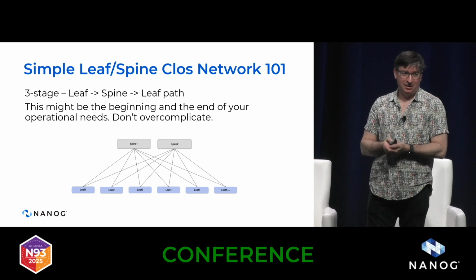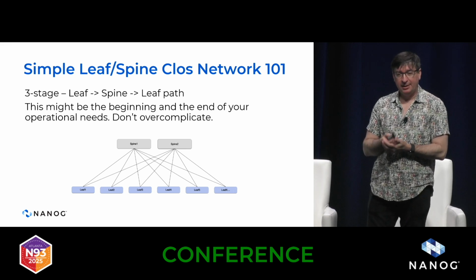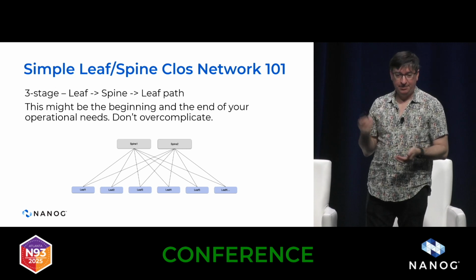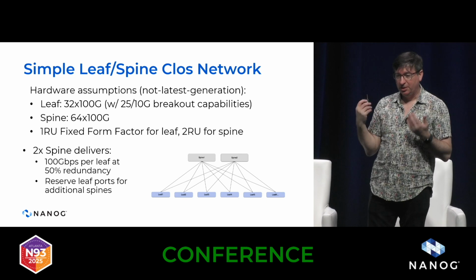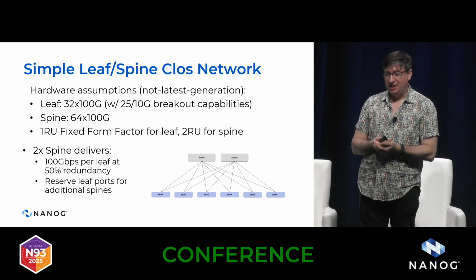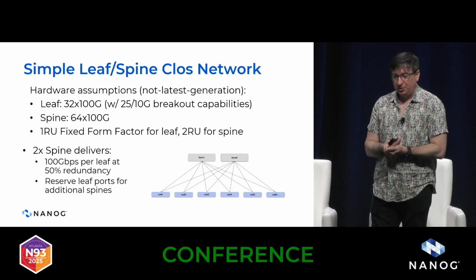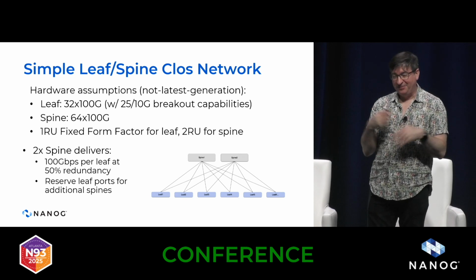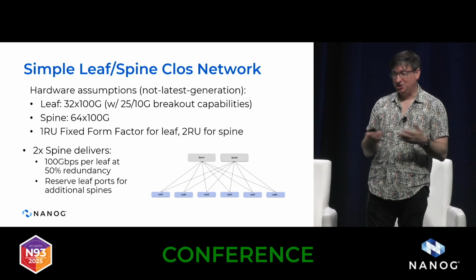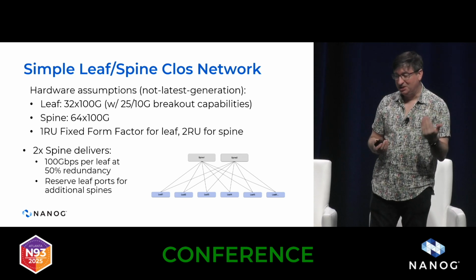You don't get a lot of bandwidth per rack in a 2-spine design, but this is where you can go out a bit more. So let's talk about the capacities that you get here. So 32 by 100 gig, and I'm not even talking about 400 gig. I'm assuming 100 gig, which is mid-level vendor gear now.